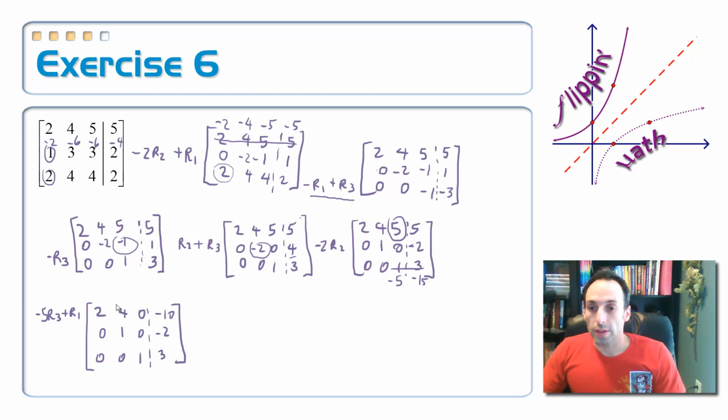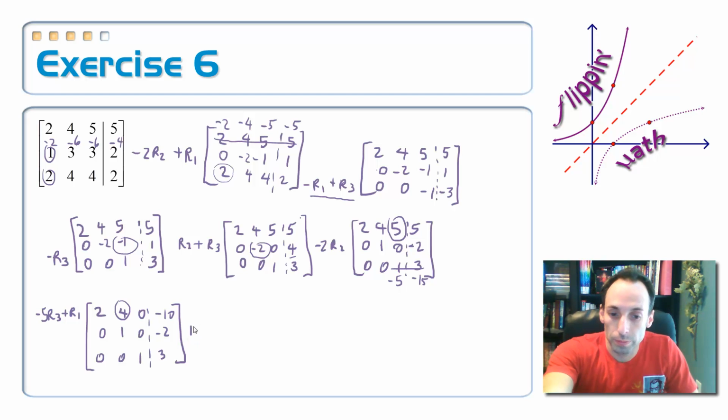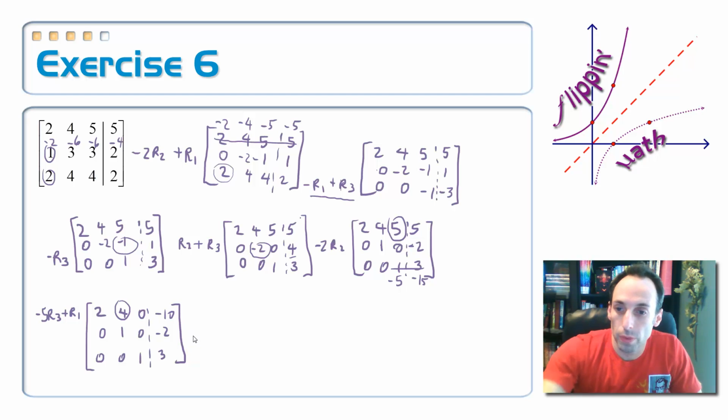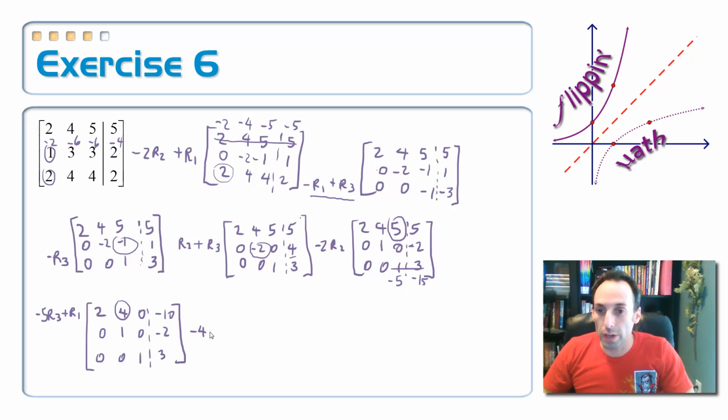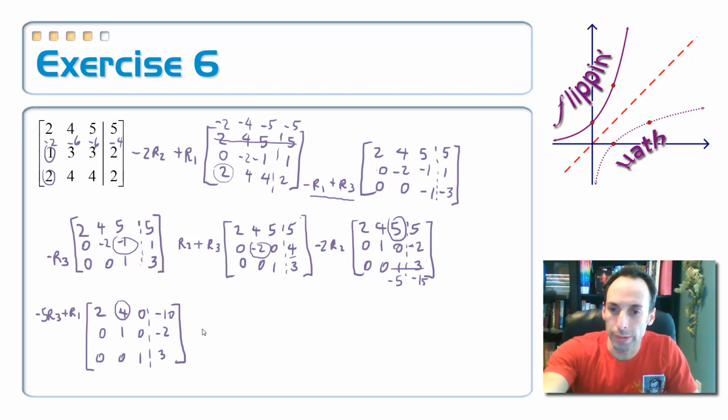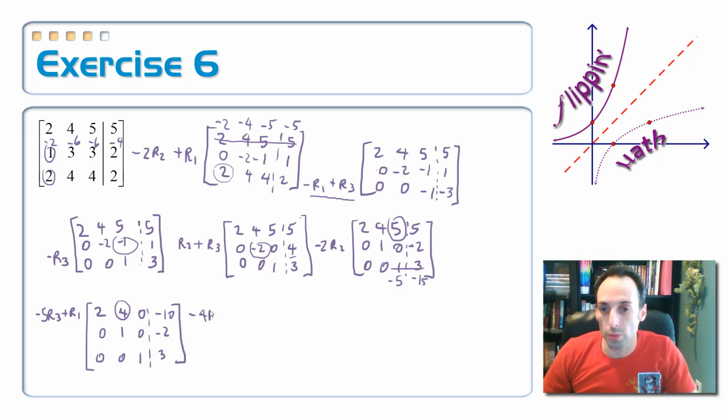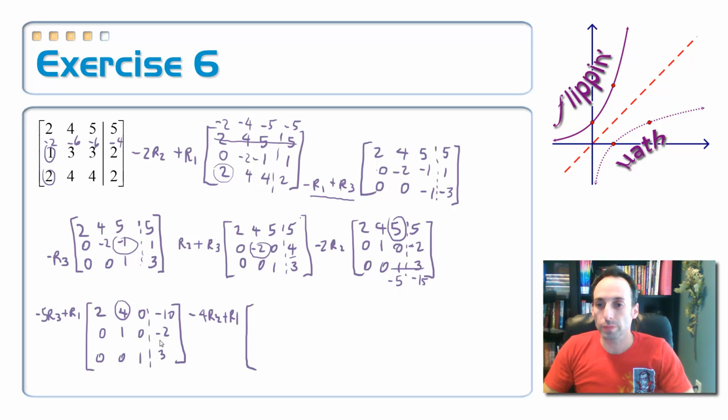The last thing I have to get rid of is that 4. I have to use the middle equation for that, and I'm going to multiply row 2 by -4. So -4 times row 2 plus row 1 to replace row 1.